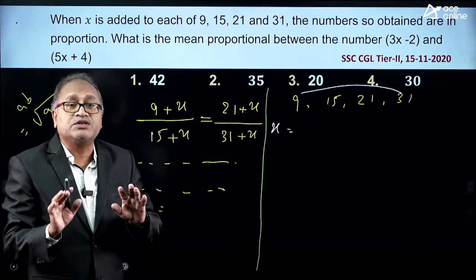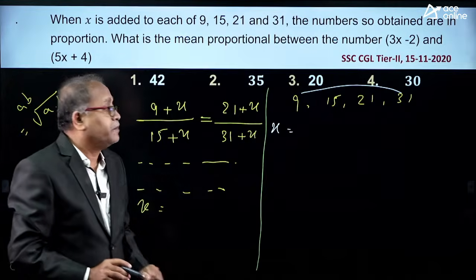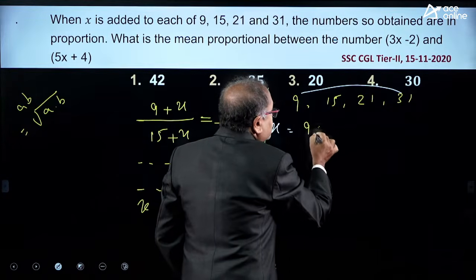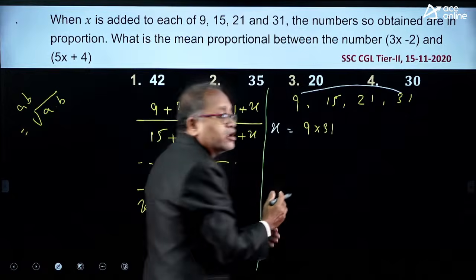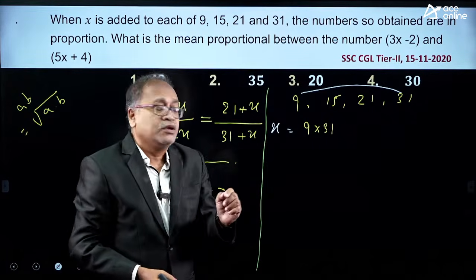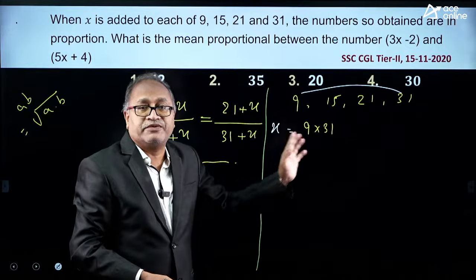This model comes very frequently in the SSC and RRB. So that is 9 into 31. I'm just writing it for your clarity, or else I would have written this number as 27.9, because I can clearly see it is 279.